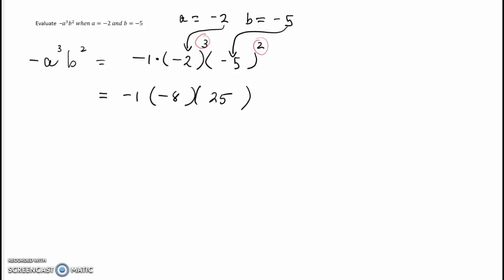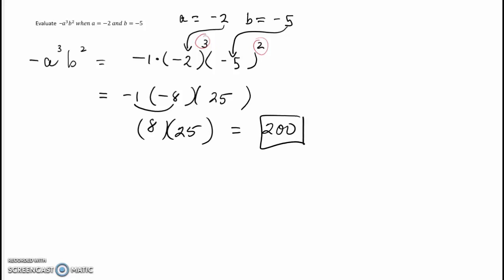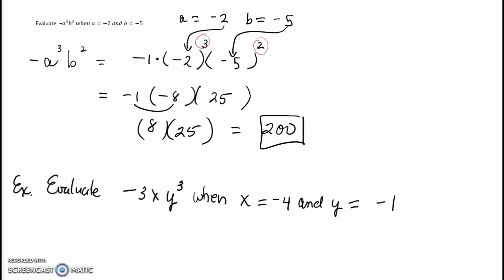Now with multiplication, when all the operations are the same, the order doesn't matter. I'm just going to work left to right. I don't have to, but I'm going to try it in this case. So -1 times -8 is 8, and then 8 times 25 is going to be 200. And there's our answer.